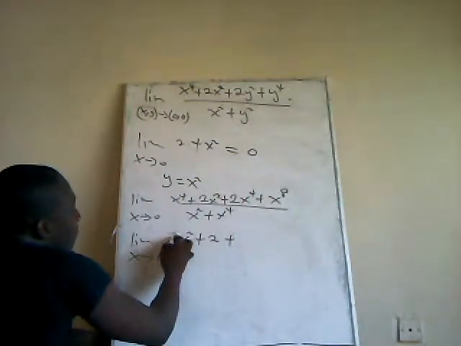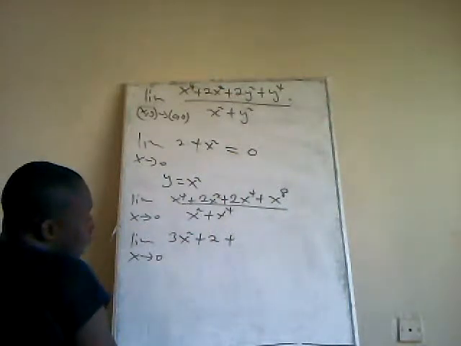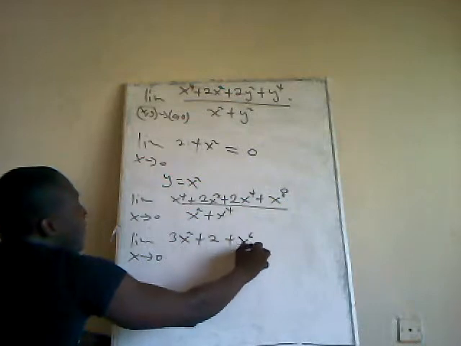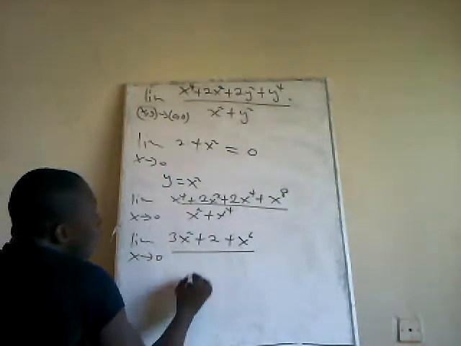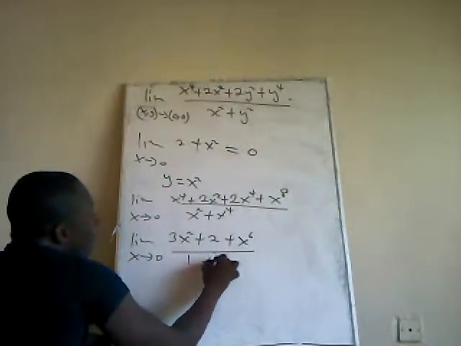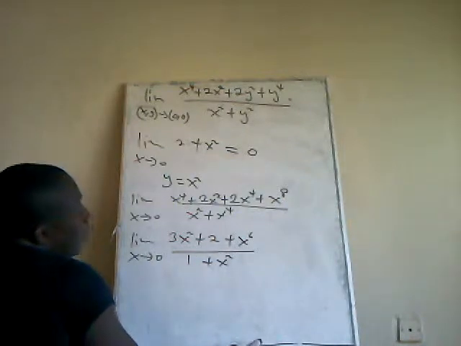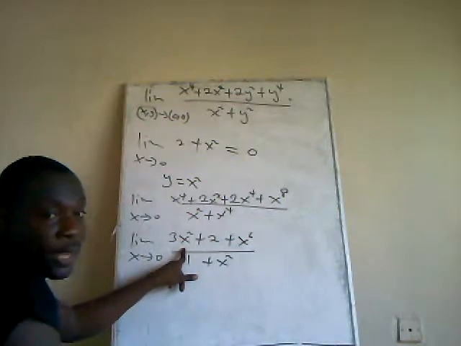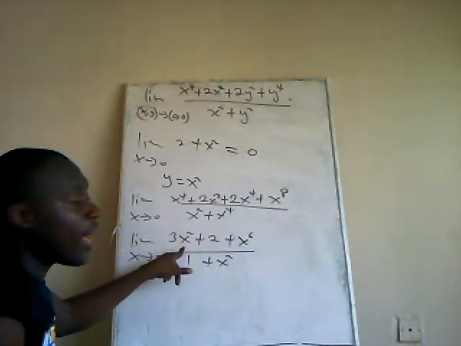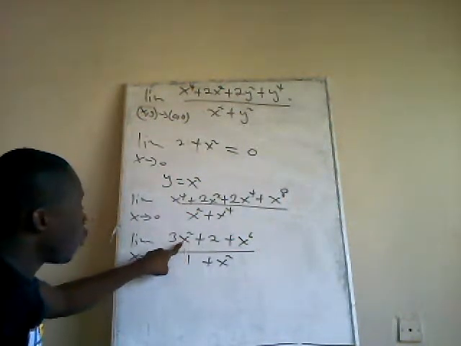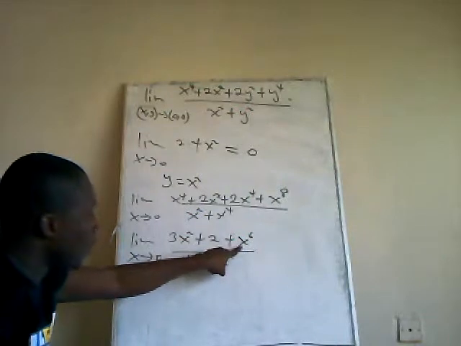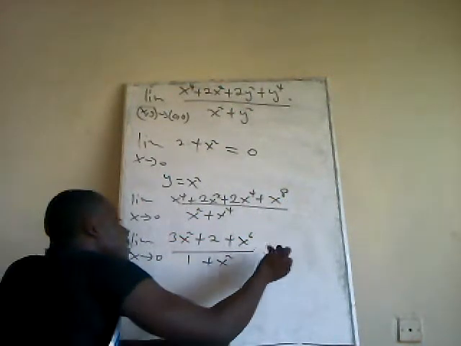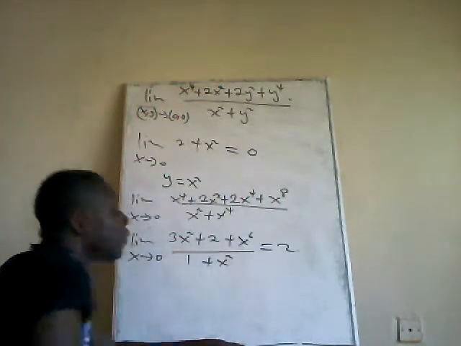So I have 3 of these. Okay, so (3x^2 + 2 + x^6) all over (1 + x^2). And here, if we allow x to go to 0, this will go to 0, this will go to 0, this will go to 0, and I'll have 2 over 1. So this is equal to 2.